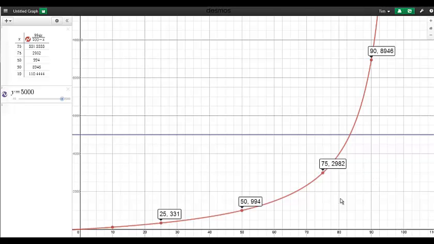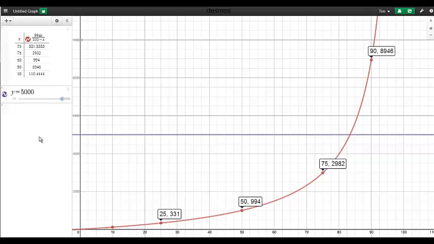Now it does have an asymptote. The asymptote is when, here's the function up here, we can't divide by 0, so 100%, if I want to remove 100%, you can see that gives me division by 0, and impossible.